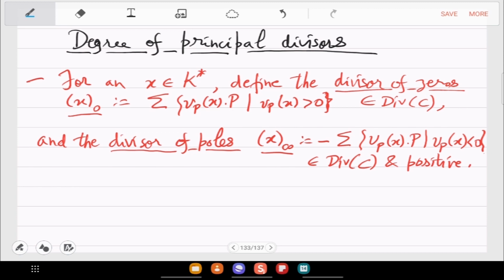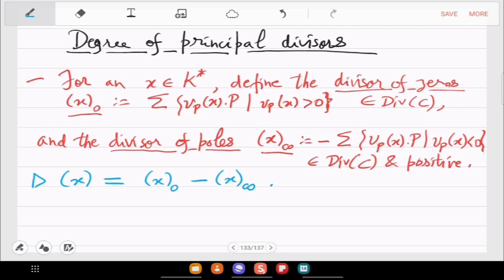It's a finite sum. And what is the relationship between the principal divisor of the function and the divisor of zeros and the divisor of poles? Zeros are given by this part and poles are given by this part, right? So this is the relationship. It's an obvious thing. You sum up the zeros and subtract the poles.